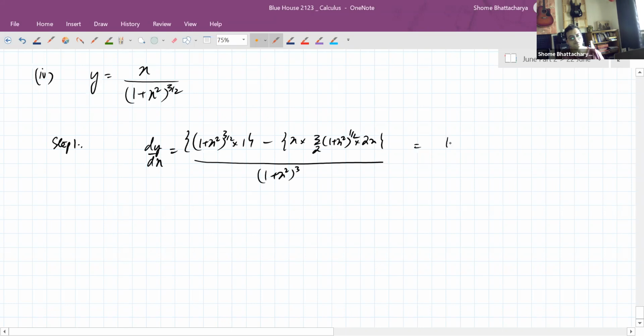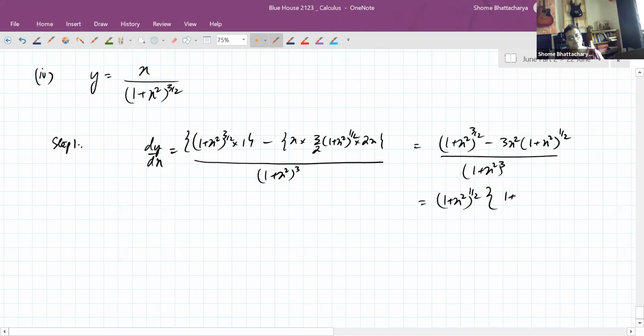So this is 1 plus x square to the power 3 by 2 minus 3x square into 1 plus x square to the power half divided by 1 plus x square to the power 3. So further simplifying, in the numerator, you can see we can take 1 plus x square to the power half common.